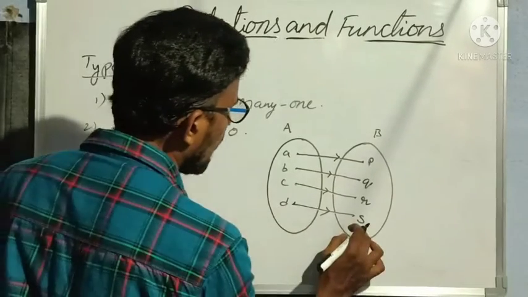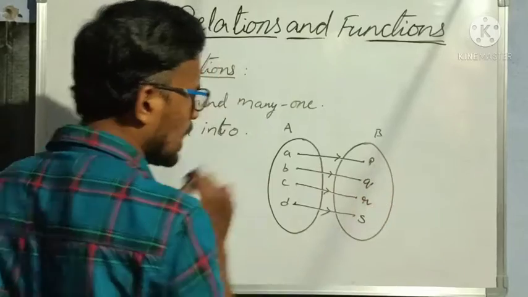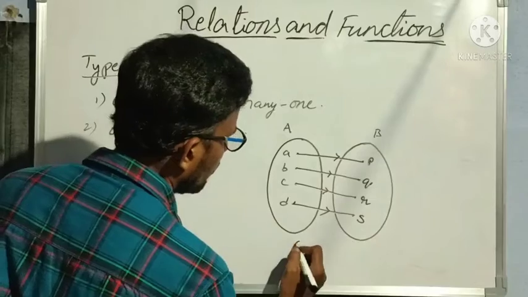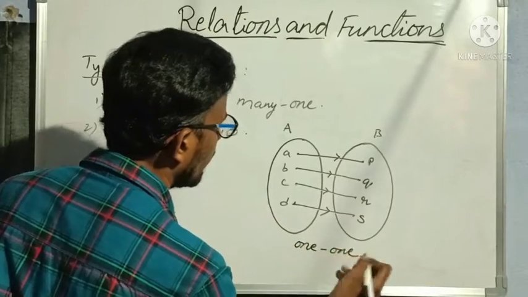Every element is mapped to a different element, not the same element of B. Clear? So this function is a one-to-one function.